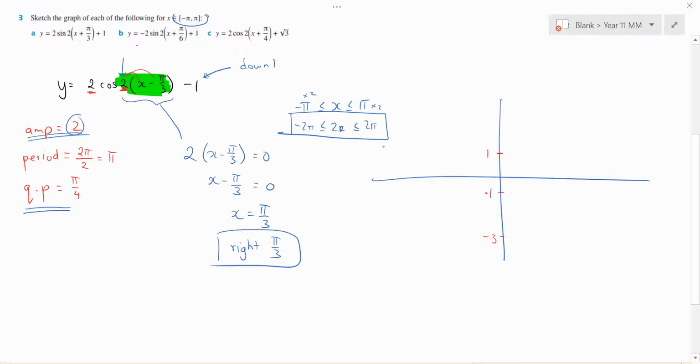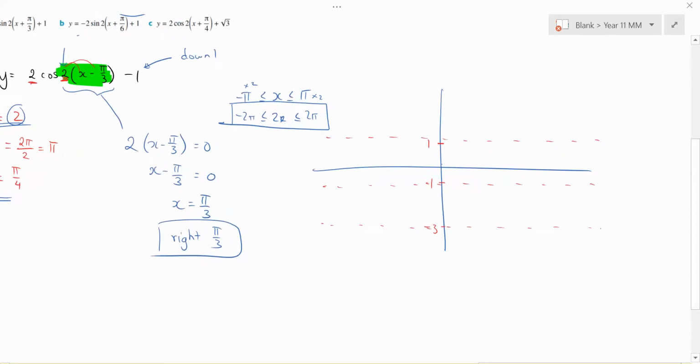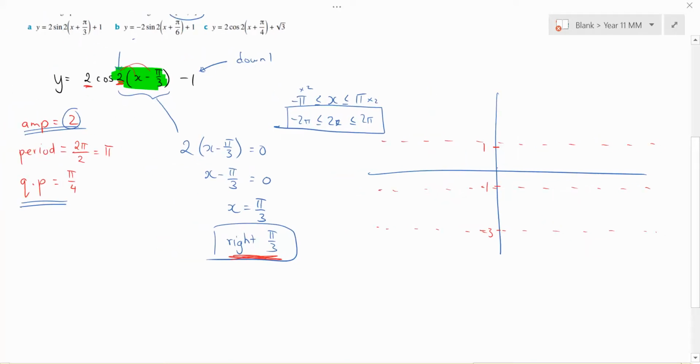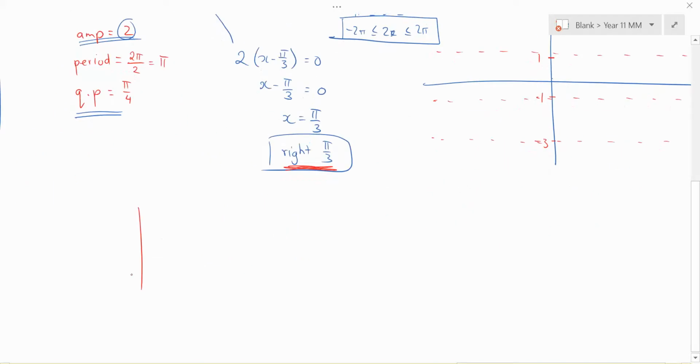So I'm going to do the dotted lines again. That was top, center, and the bottom end. Okay, now the reason why this is tricky as well is because you also have the go to the right by pi on 3. Now, keep in mind this is a cos graph, not a sine graph. Now, cos graphs, if you remember, start at the maximum, and then it goes to center, minimum, center, maximum again.